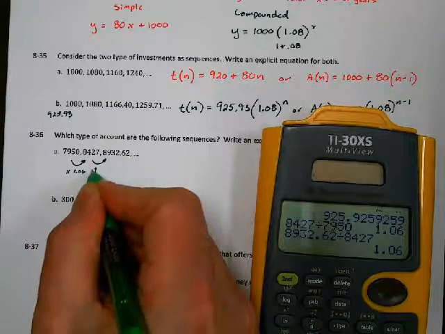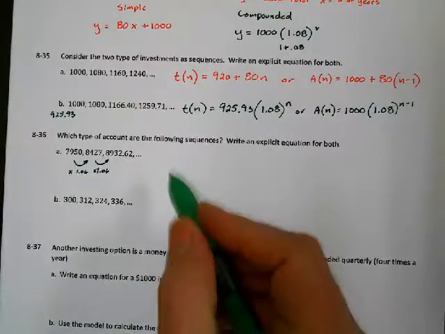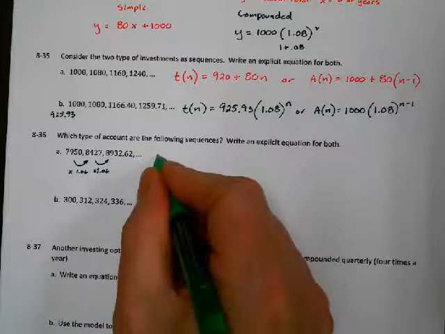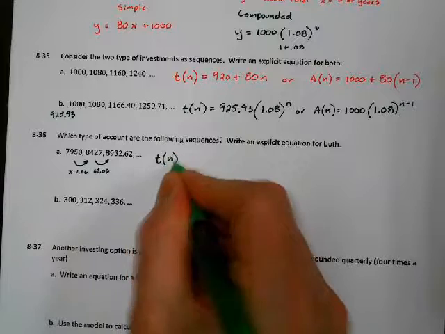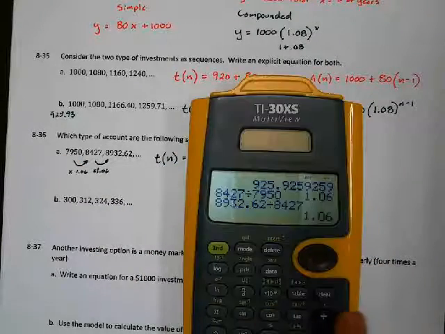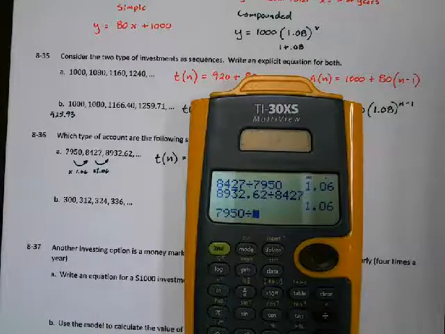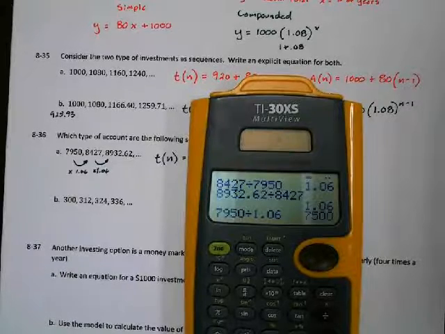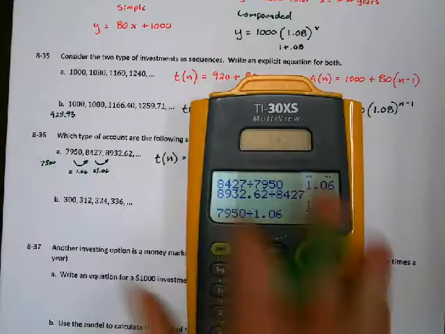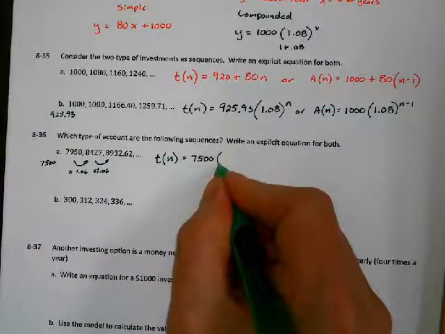All right, what's the explicit equation for this one? So this one, if we were to do it the old way where we use the 0th term, I still need my 0th term. So I'd take 7950 and divide by 1.06. So the 0th term would be 7,500. So this would be 7500 and then 1.06 to the nth power.